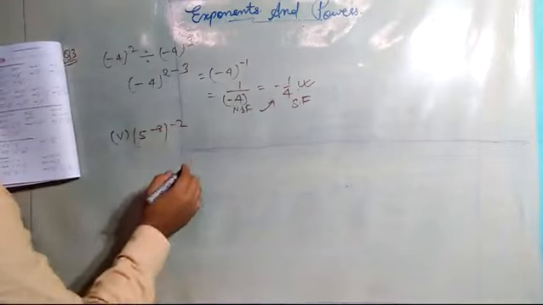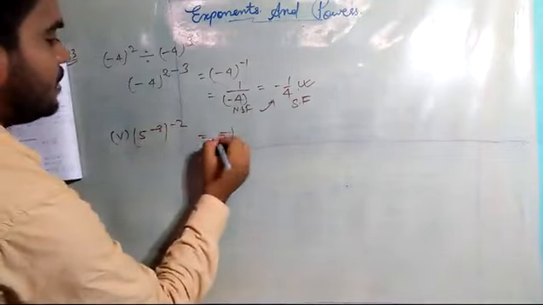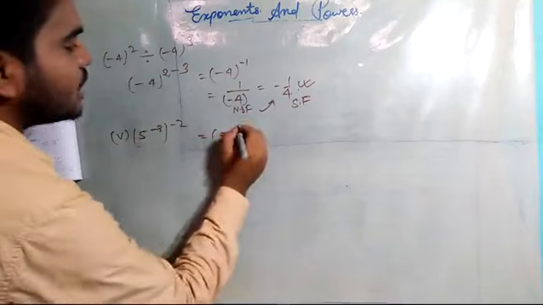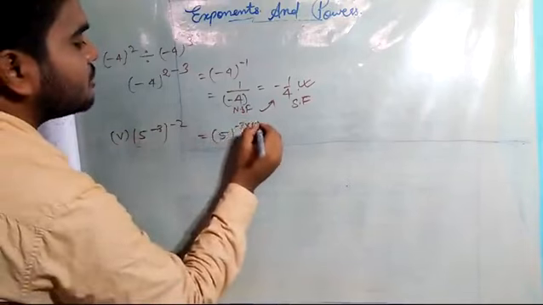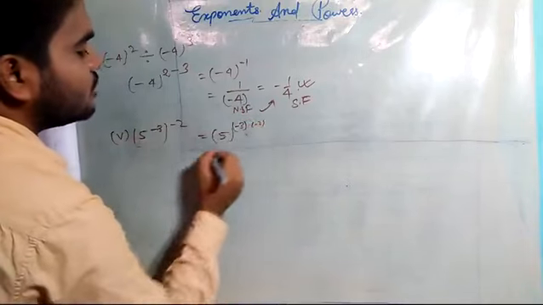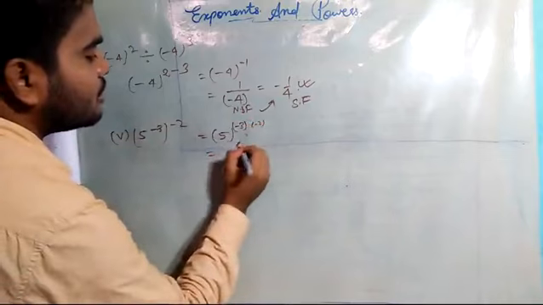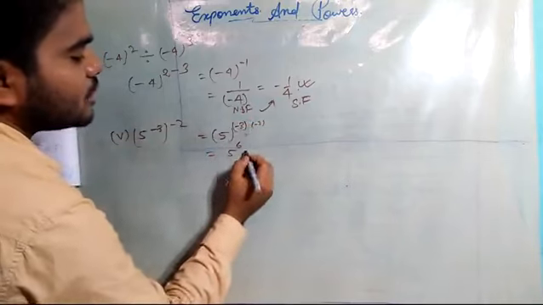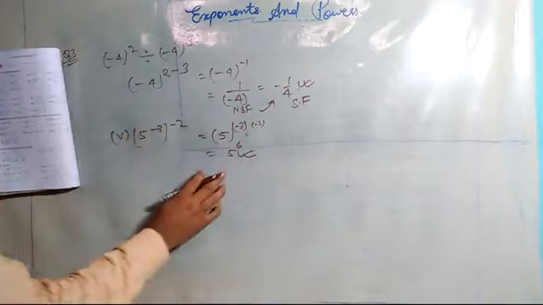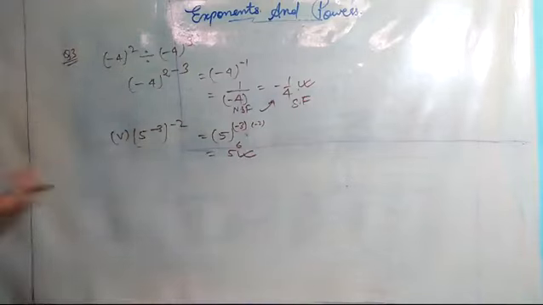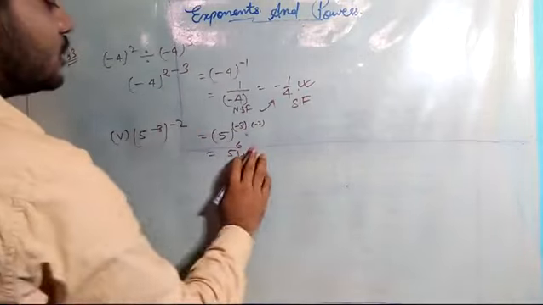Here you can use the m into n rule, that means minus 3 multiplied with minus 2. So it will be 5 raised to the power positive 6, as 3 twos are 6, and minus minus is plus. Leave the answer up to here only. No need of calculating again and again, no need of writing 5 into 5 into 5. No need of calculation, my dear student.